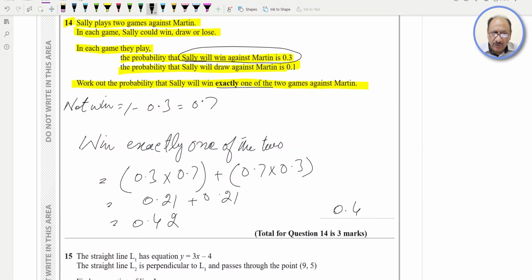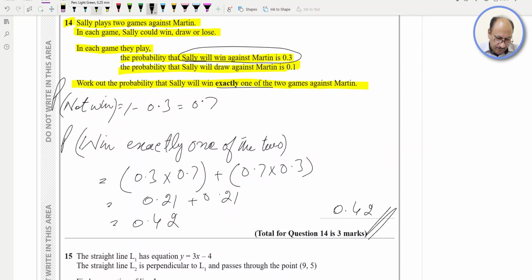So 0.42 will be the probability of exactly one win. Hopefully you understood this probability question. This was a 3-mark question. First of all, we have calculated the probability of not win. Then the probability of winning exactly one out of two games, and that is this one.